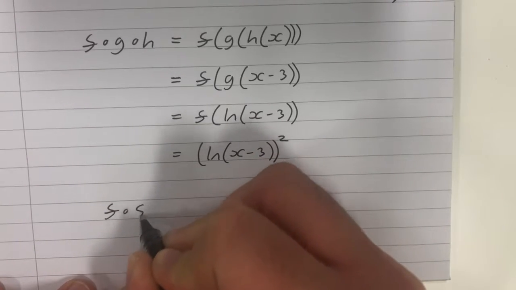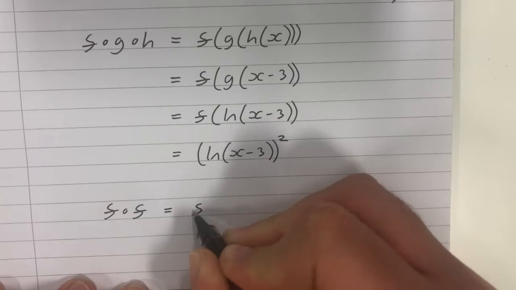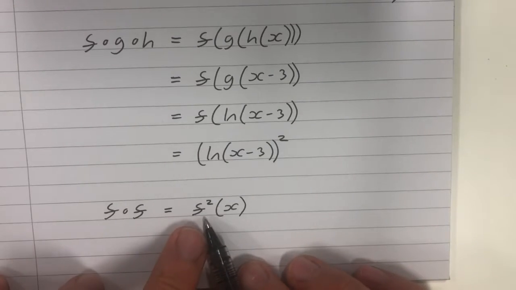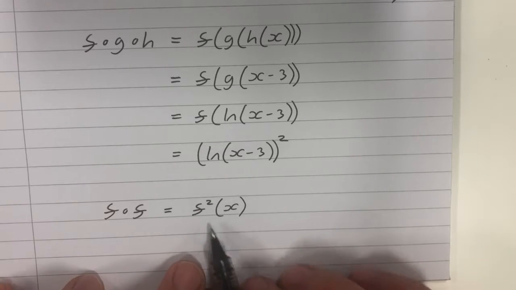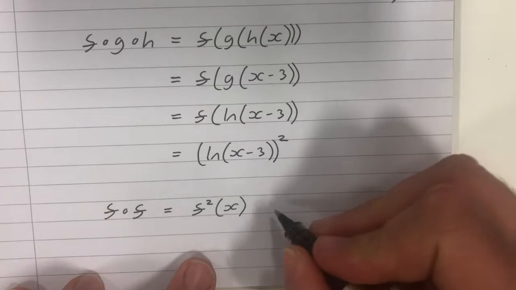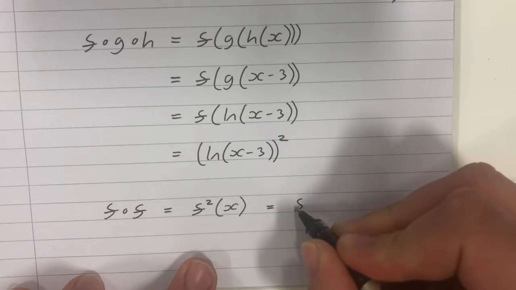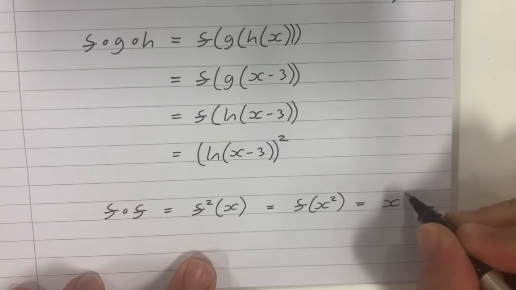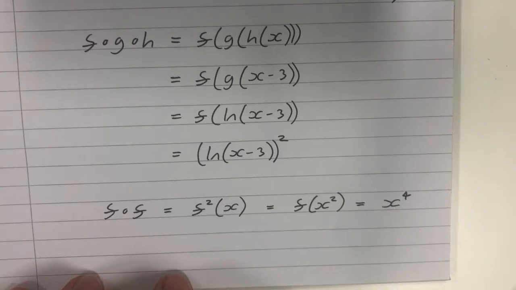So f of f, sometimes written as f squared of x. I'm not a huge fan of that notation because it looks like it could be f of x times f of x, but it's not. It's f composite f, which is f of x squared, which would be x squared squared, or x to the 4.